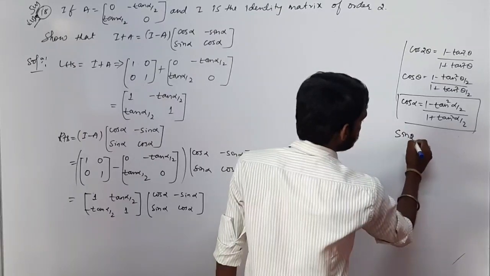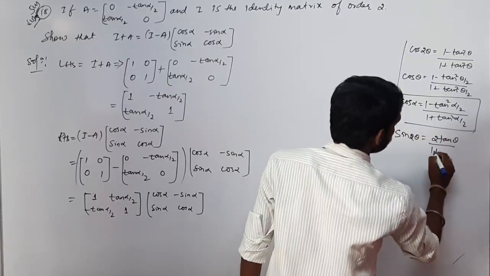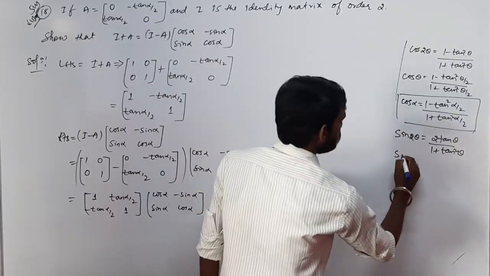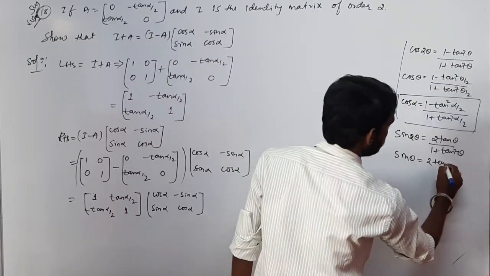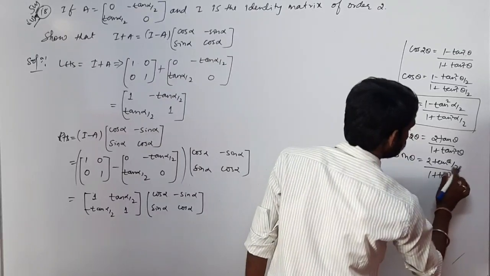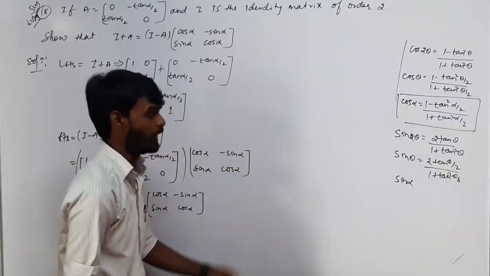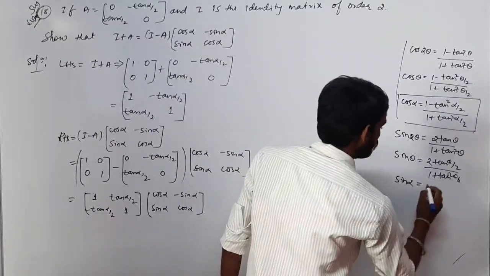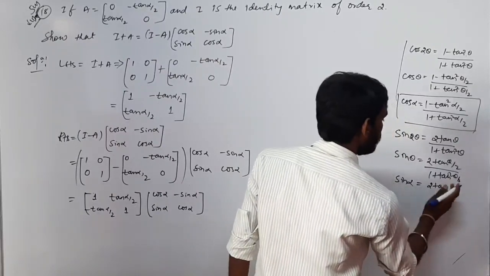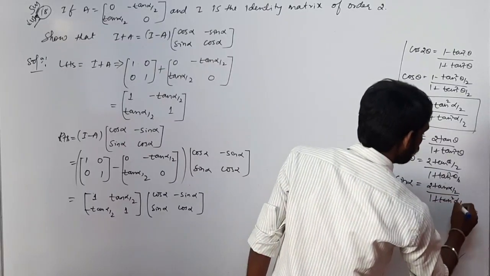Sin 2 theta is equal to 2 tan theta divided by 1 plus tan square theta. We know that, right? So for the half angle, sin theta is equal to 2 tan theta by 2 divided by 1 plus tan square theta by 2. Since the angle here is alpha, sin alpha is equal to 2 tan alpha by 2 divided by 1 plus tan square alpha by 2.